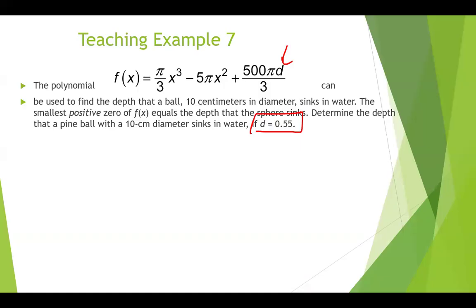The other thing it says is to determine the depth that a pine ball with a 10 centimeter diameter sinks. So you're looking for when it sinks, when it's going to hit the bottom, right? When is it going to be at the bottom, the ground? That's just a matter of plugging in and looking to see where you are at 0.